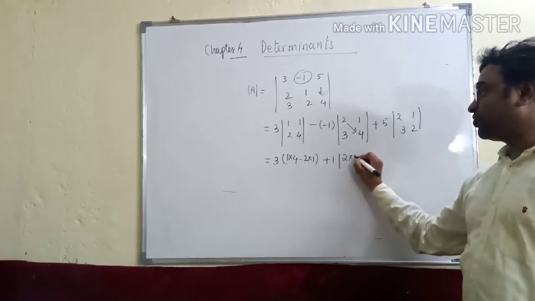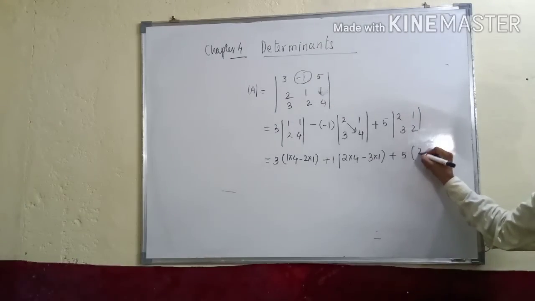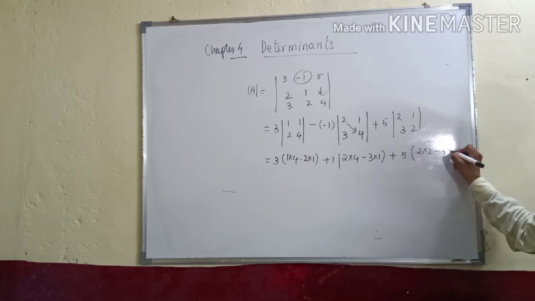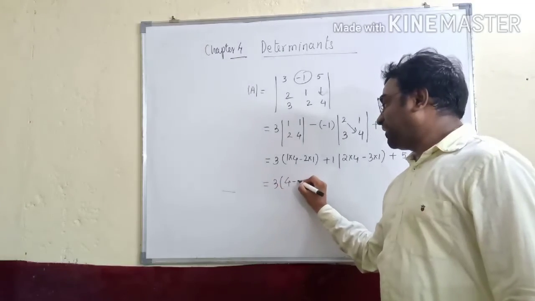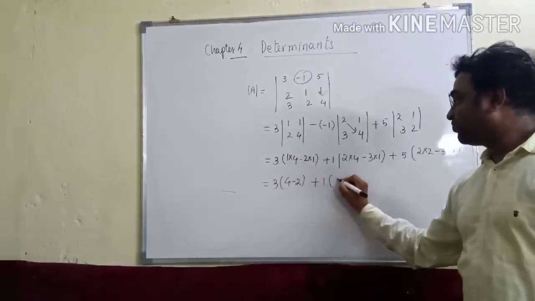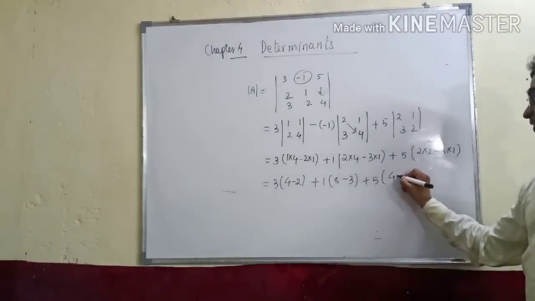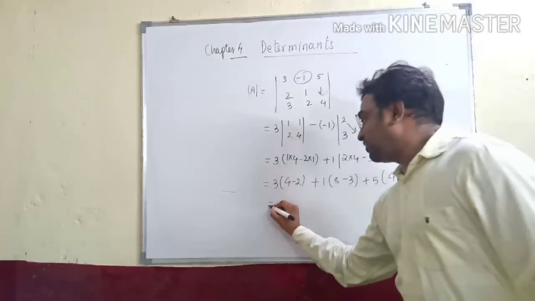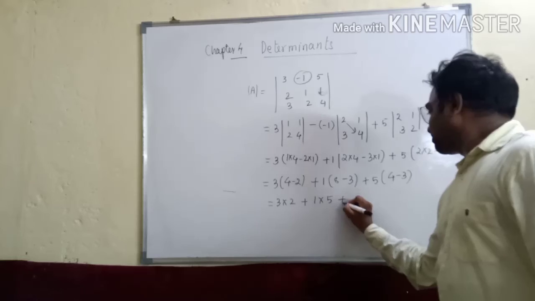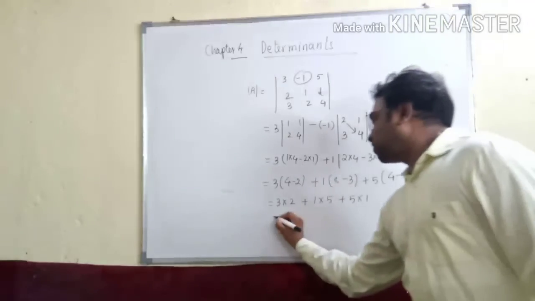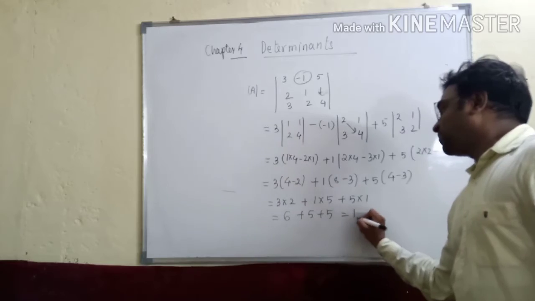So 2 into 4 minus 3 into 1 will be here, next 5 into 2 into 2 minus 3 into 1. So here we write 3 into 4 minus 2, 1 into 8 minus 3 plus 5 into 4 minus 3. So the value will be 3 into 2 plus 1 into 5 plus 5 into 1. So the outcome will be 6 plus 5 plus 5, this will become 16.